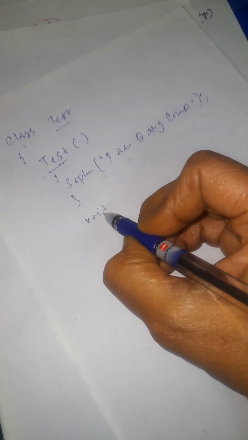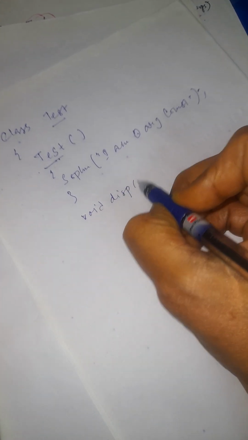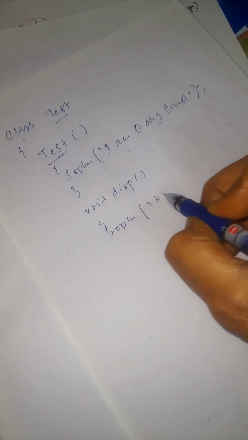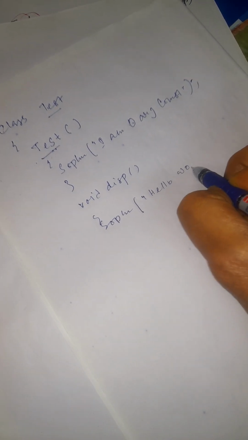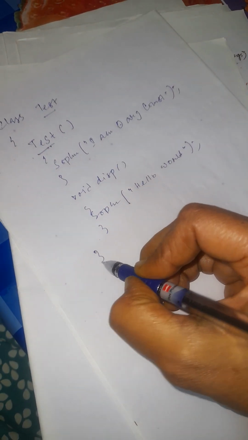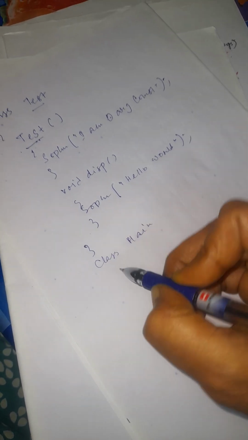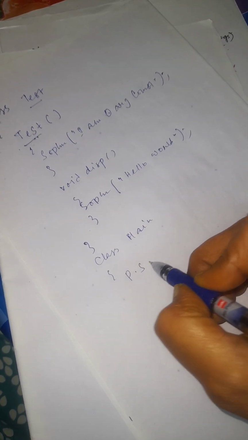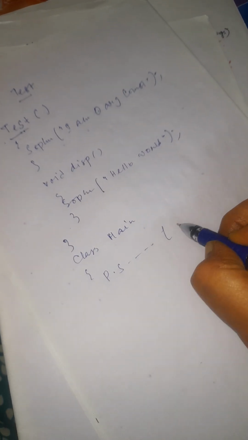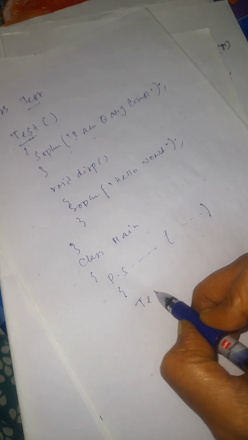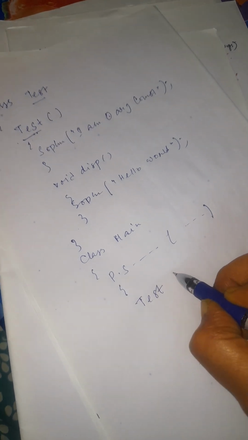Now maybe void disp. One method I have. That one will also print sopln, maybe hello world. Clear? Now I will execute this class by declaring the object. Now maybe class main. I have one main class. Here I am using public static void main string args. Okay. Now I will create one object of the test class.